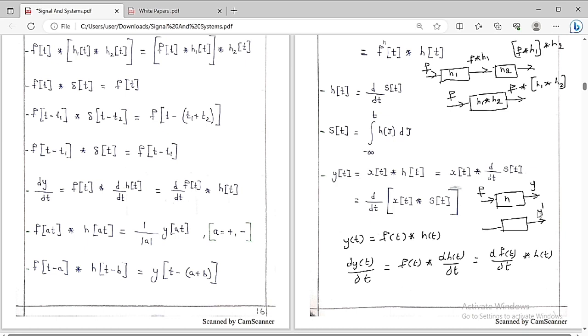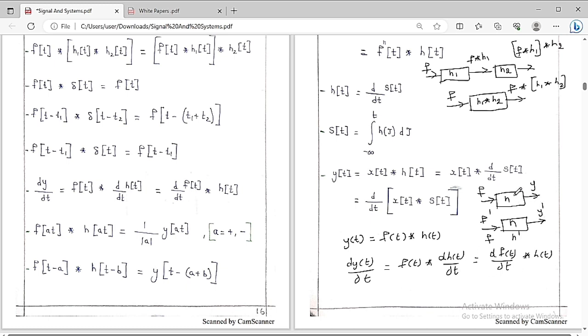Then what input and what impulse response do I need here? The input can be f dash and the impulse response h, or vice versa: the input can be f and the impulse response h dash. So either can happen. Listen carefully, what I am trying to do here is very simple.